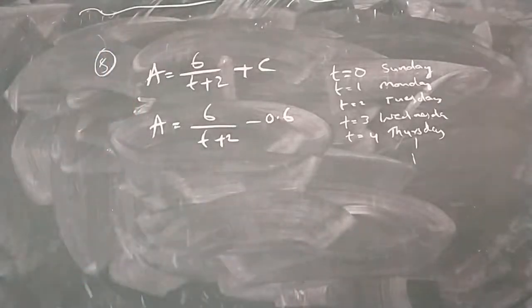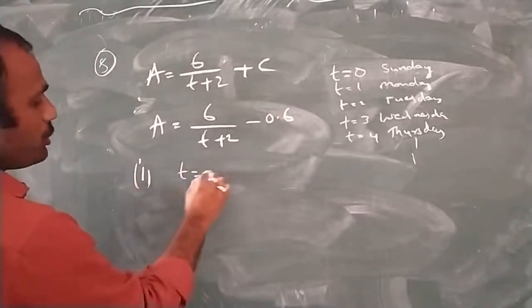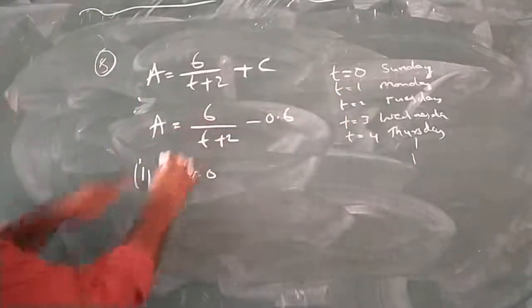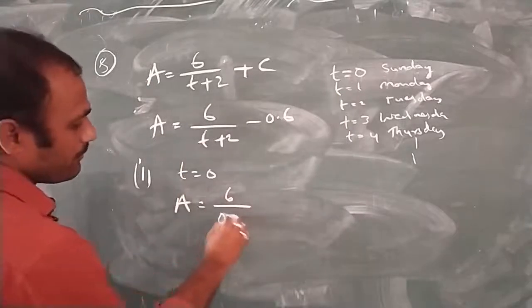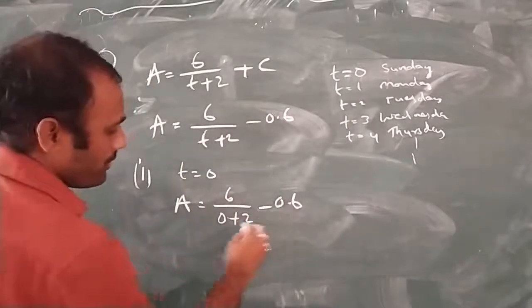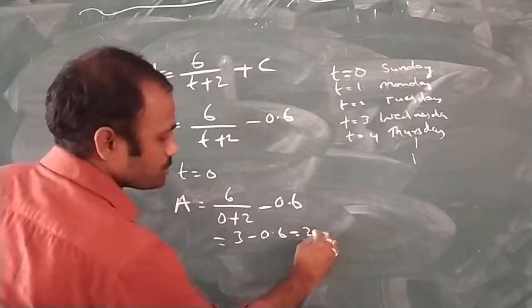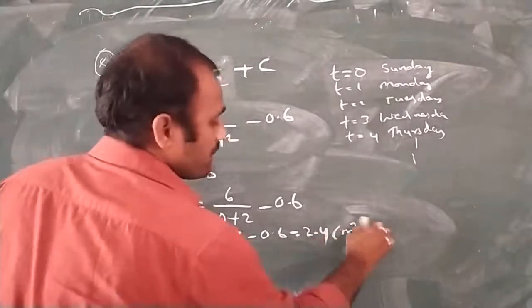After getting the C value, let us solve our questions. The first one asks, what is the area of the wound on Sunday? Since here t is 0, because he is talking about the area of the wound on Sunday, let us substitute t equals 0 in the equation. So A is equal to 6 by 0 plus 2 minus 0.6. So 6 by 2 is 3, 3 minus 0.6 is 2.4 centimeter square.